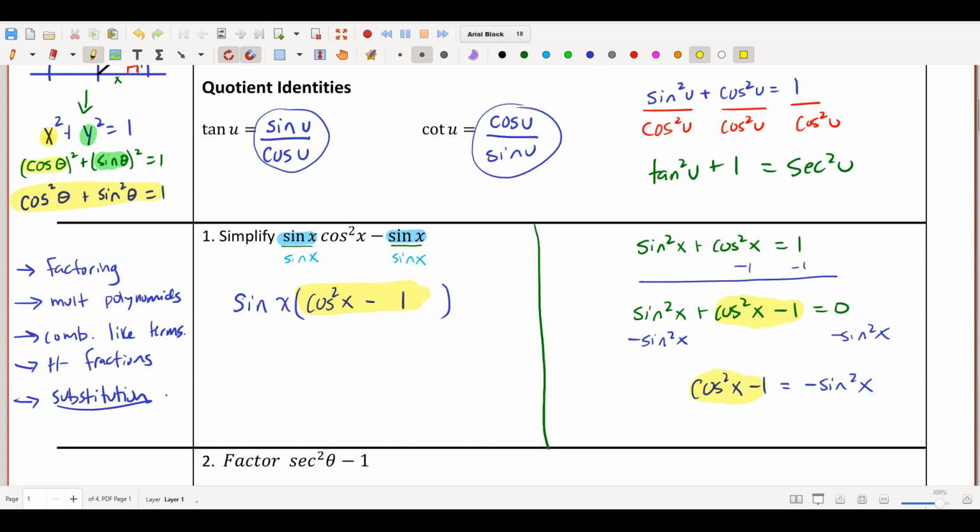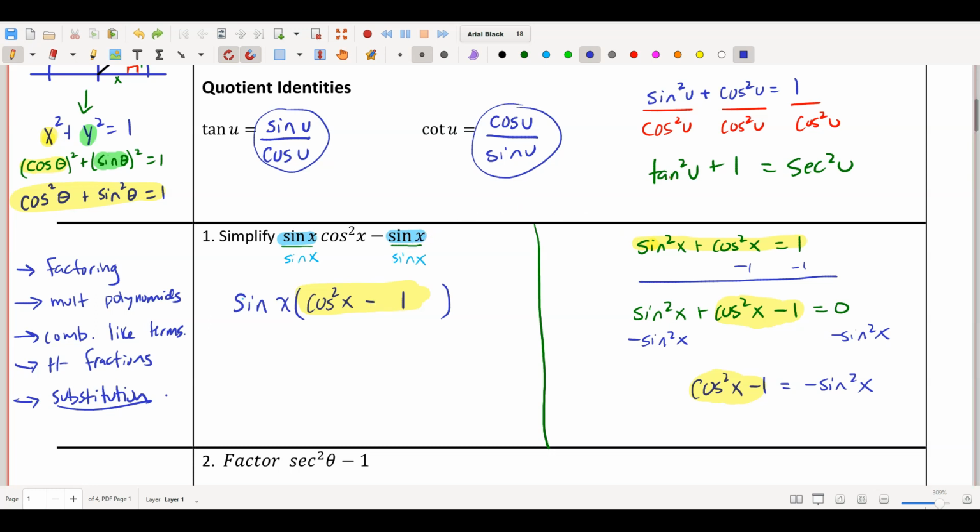Because I know that from this identity, sine squared plus cosine squared is equal to 1. Now I couldn't use this little puzzle piece directly and just make a substitution and call it a day and say, sweet, I couldn't just plug it right in there.